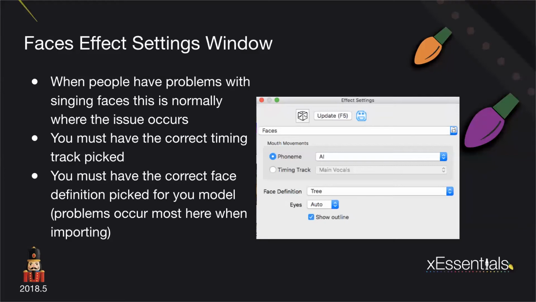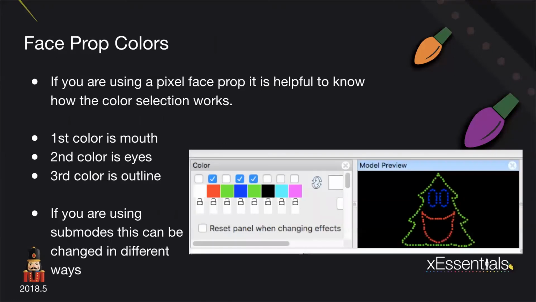So you're still going back and having to change the timing tracks again. So be wary of just doing update all unless you are having that person sing the same thing through the whole thing.